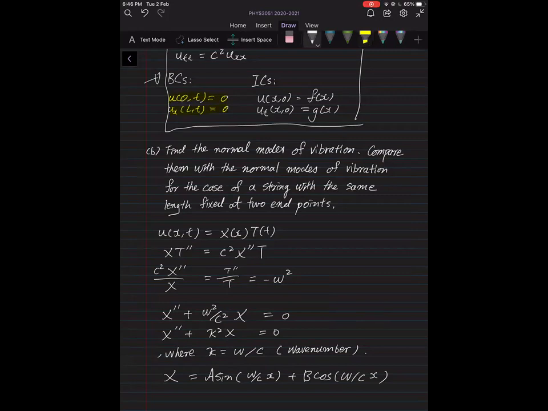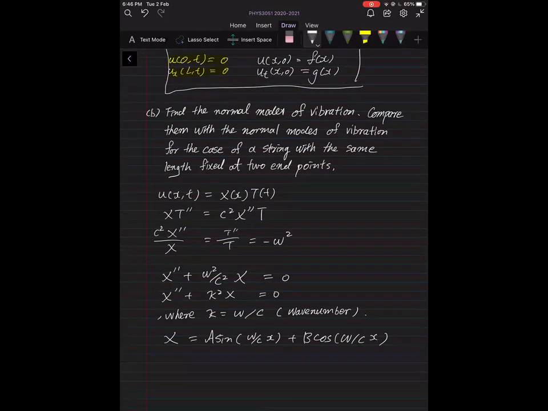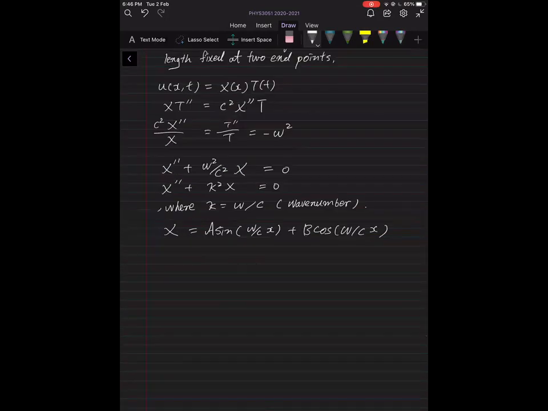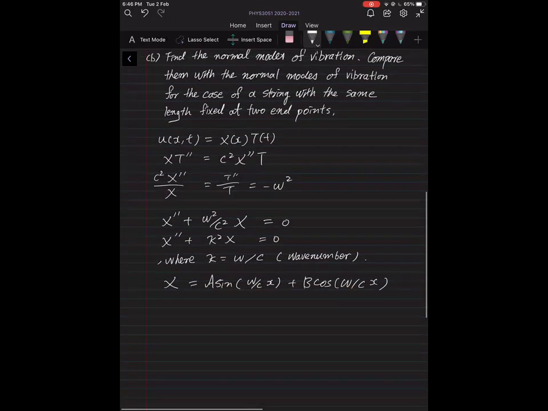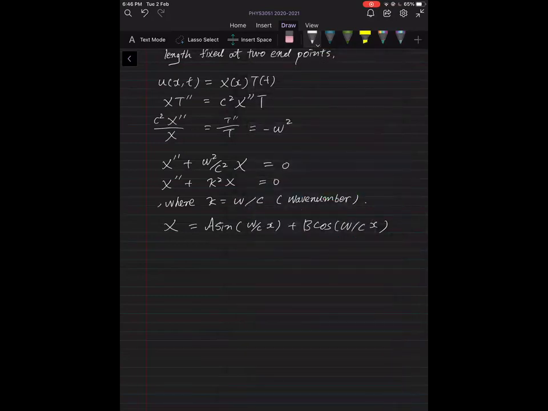For the boundary condition here, because it is written as a function of u, we have to translate this boundary condition into the form of something that is written as something of x. So what you have now is the boundary conditions. They are x of 0.